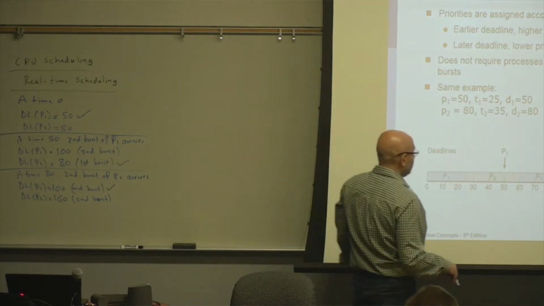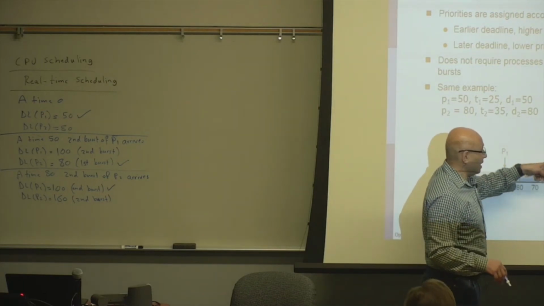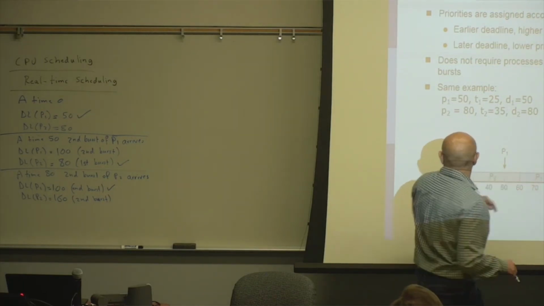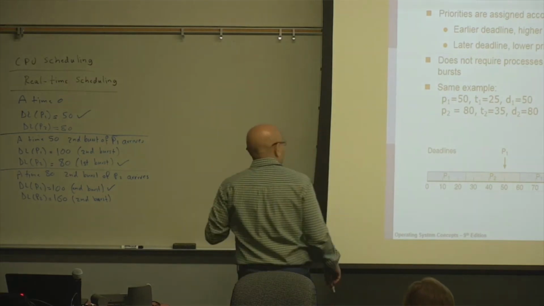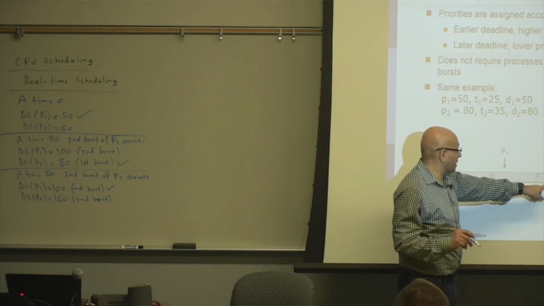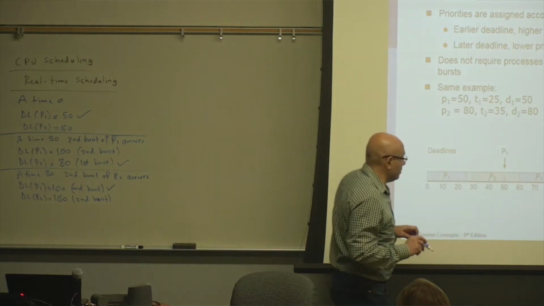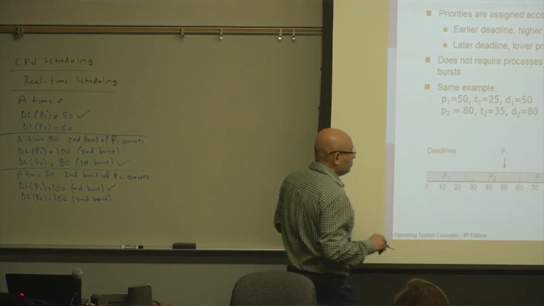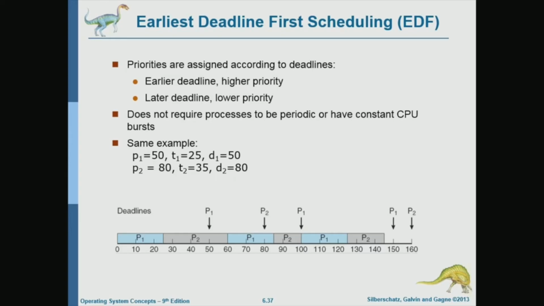A new burst of P2 arrives, but its deadline is 160, while the P1 burst that is on the CPU has a deadline of 100, which is much sooner, so P1 keeps the CPU, and P2 does not preempt P1. Then at time 85, the system will have to make a decision, but again, this is an easy choice because there is only one ready process, which is P2.